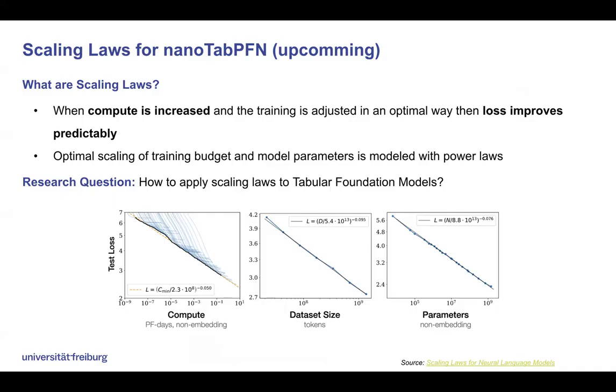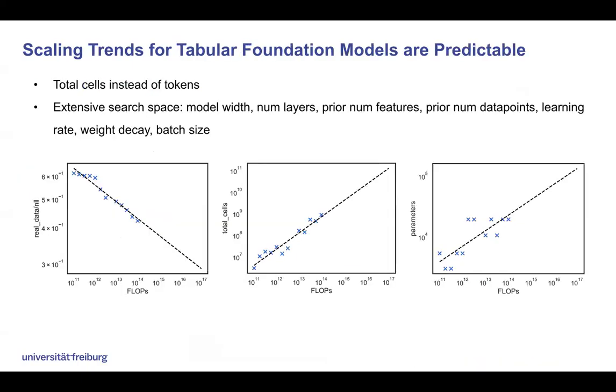You can also use this to compute what would be the optimal number of parameters to choose for the data I have, or how much data I should use in order to optimally train a certain kind of architecture. So he is looking into doing what people often did for LMs for tabular foundation models. Now, what's different between tabular foundation models and LMs?